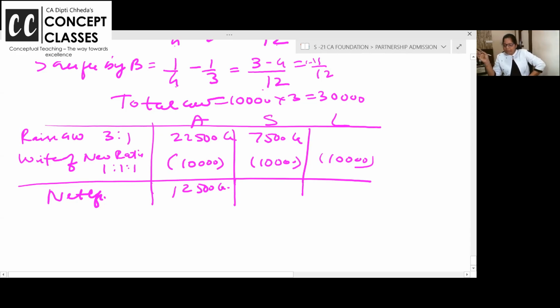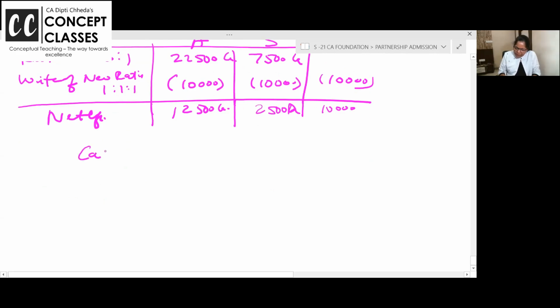Amit, you can say, ma'am, Lalit is getting 10,000, where will the 12,500 come from? Sumit will also give 2,500 goodwill because earlier his share was 1/4, now 1/3. So if there is just a change in the PSR, gaining partners debit, sacrificing credit. I have taught you this in goodwill. Even if there is just a change in the PSR, Sumit is not an incoming partner but he is gaining, so debit. And here 10,000 cash debit. So what will be the journal entry?